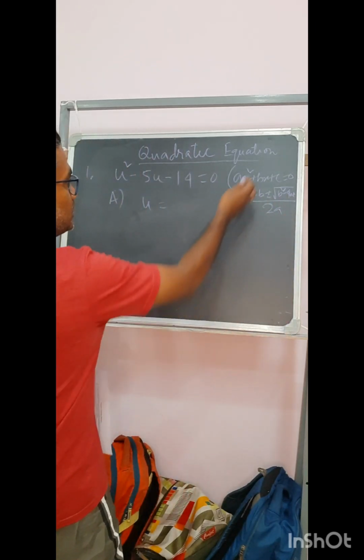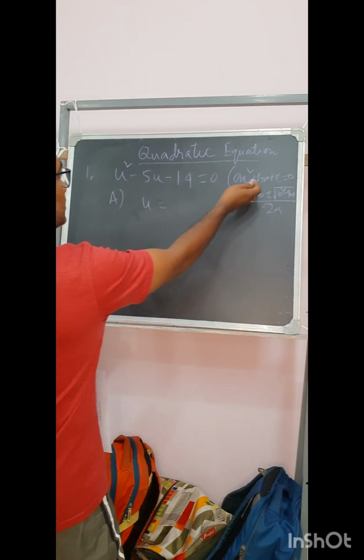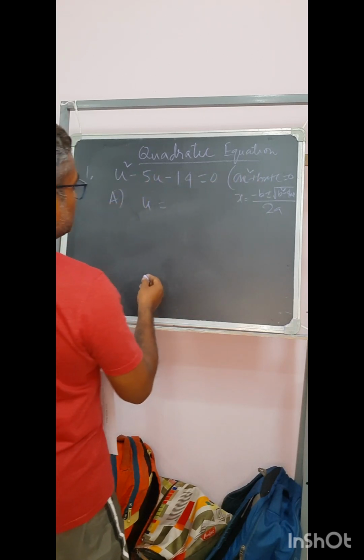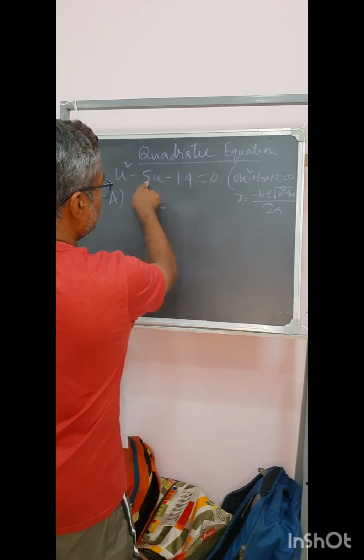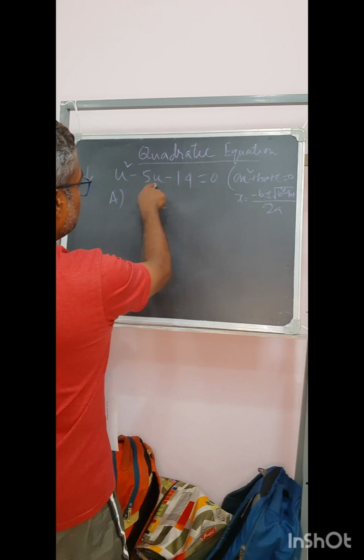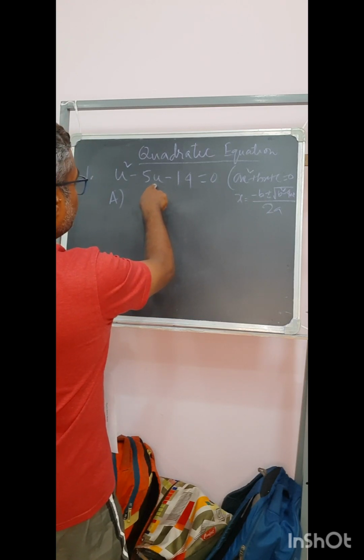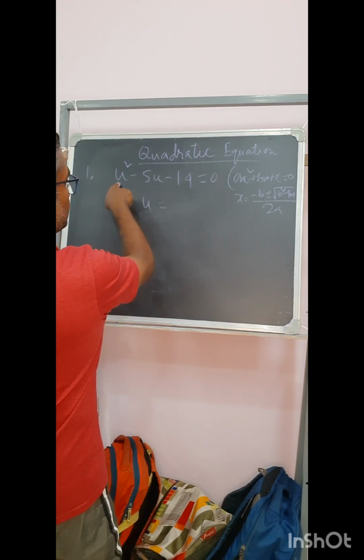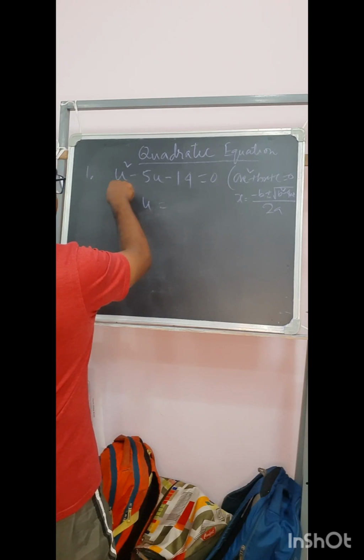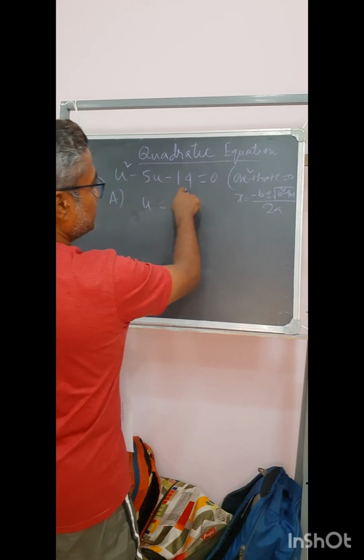Now if we follow this and compare the standard equation with this, then b is the coefficient of the single order of the variable, a is the coefficient of the second order of the variable, and c is the constant.